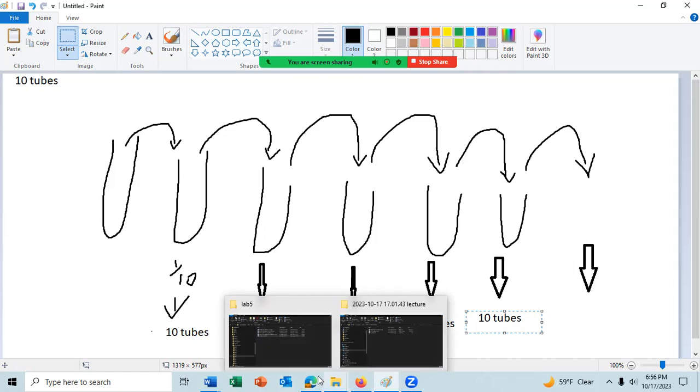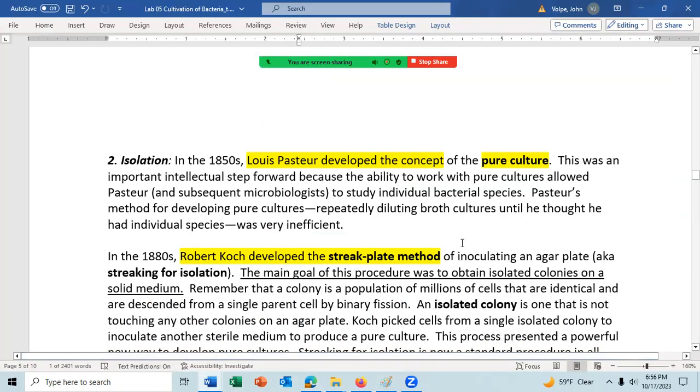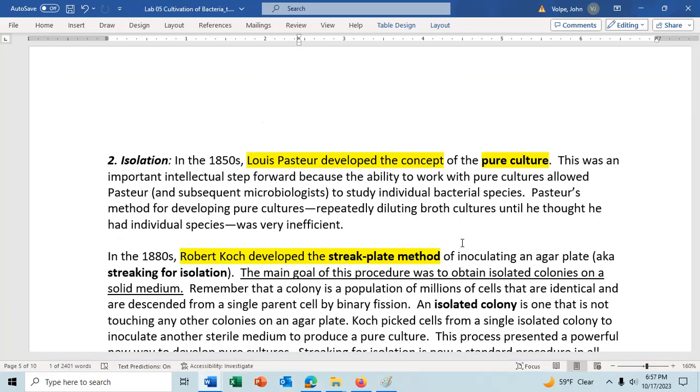Let's go back to our lab. It was Robert Koch who developed an easier way to get a pure culture. What he did was he invented the streak plate method, where he simply streaked for isolated colonies growing on a plate. He reasoned that one or a few cells was giving rise to a colony.